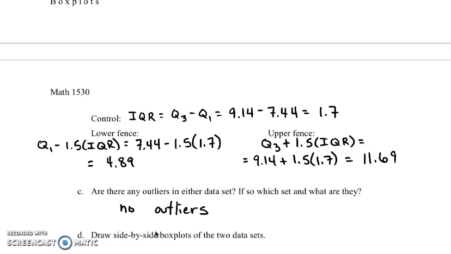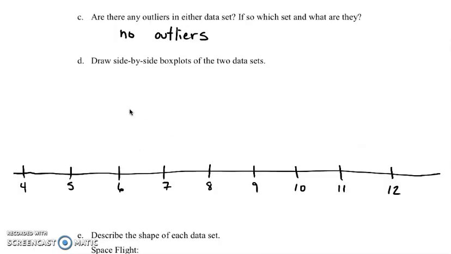So the last thing to do is draw side-by-side box plots. So I've already drawn my axis here, and I went from 4 to 12 because both lower fences are 4 point something, and both upper fences are 11 point something.